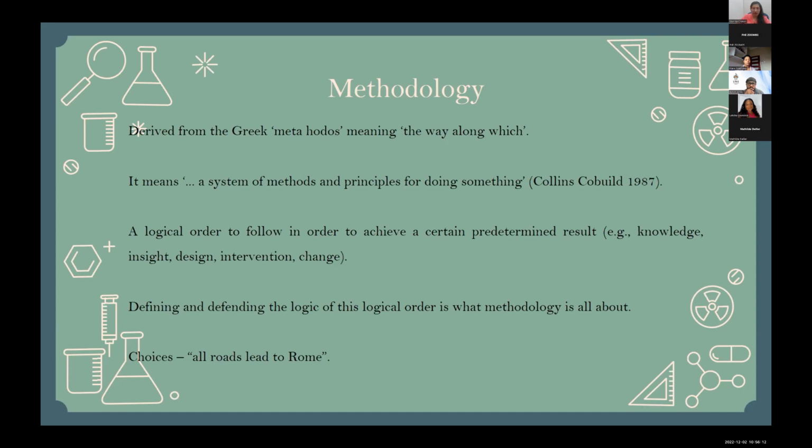You may have a lot of methods, a lot of research techniques and so on, but then you will proceed by choosing one, which would be your methodology. So that would be a logical order to follow in order to achieve a certain predetermined result. That could be knowledge, insight, design, intervention, and change, right?